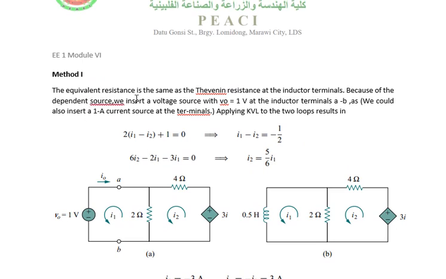So the equivalent resistance is the same as the Thevenin resistance at the inductor terminals because of the dependent source. So we insert a voltage source of V sub O equals 1 volt at the inductor terminals AB, as we could also insert a 1 ampere current source at the terminals. So applying KVL to the two loops results in these equations.